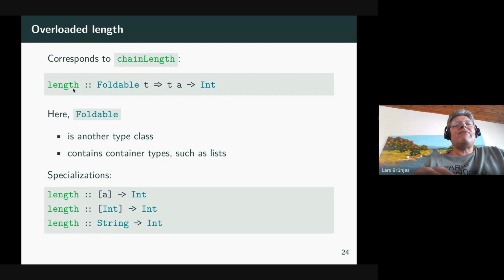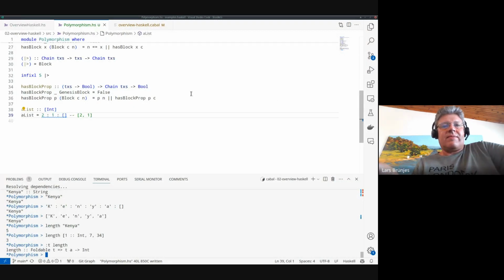We have one length function that works for arbitrary containers with arbitrary elements in them. So you only have to learn this function once and the name length. And then it works for all sorts of things where it makes sense to talk about the number of elements. You don't have to learn a new name for length of string and length of list and length of array and length of this and length of that. You have one length function, and the same function works for all these cases. So that's nice.